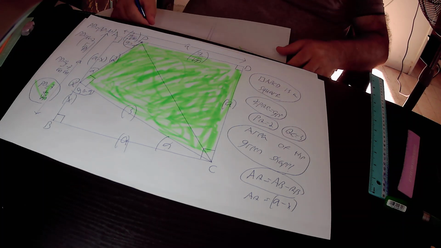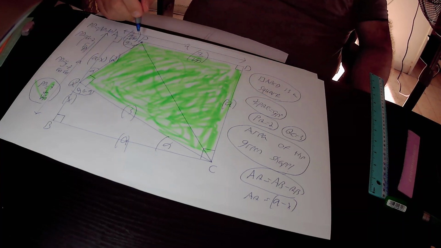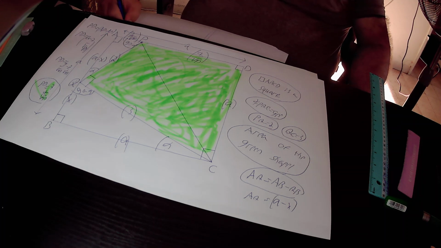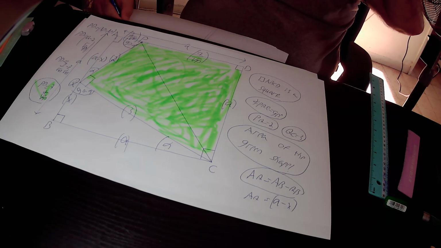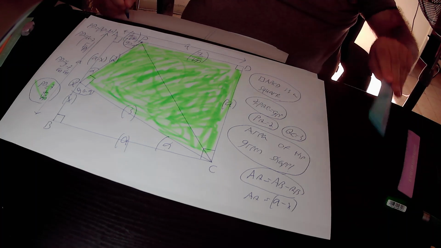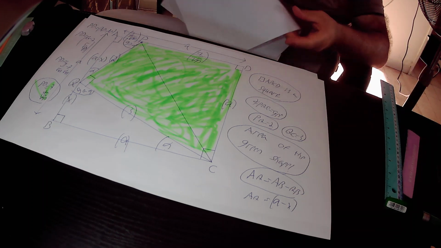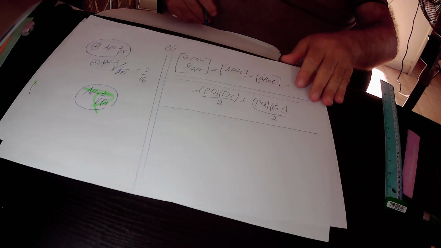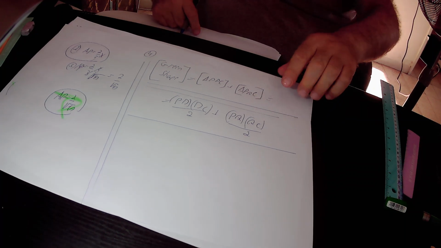What is the area of the right triangle PQC? It equals the base, that is PQ, times the height, that is QC, over 2.